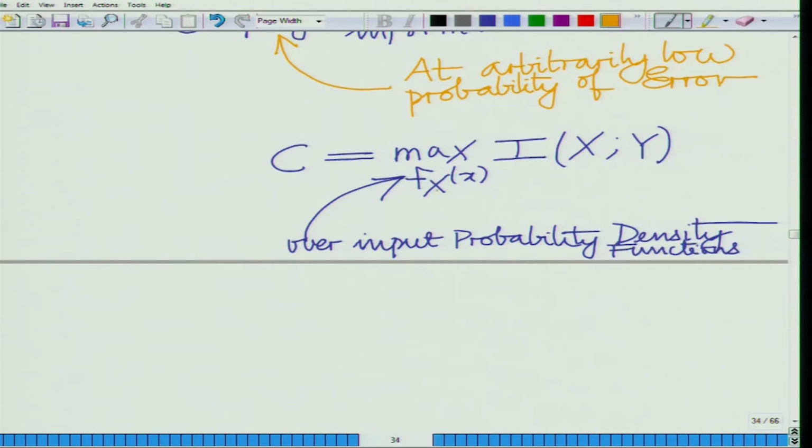However, we have an additional constraint here, that is the input power is limited.